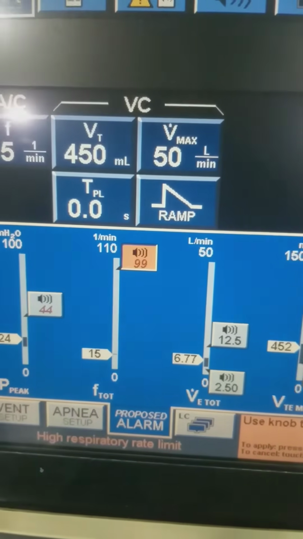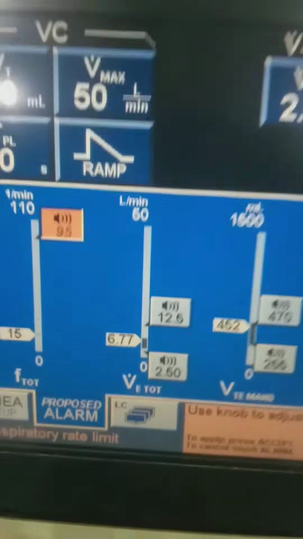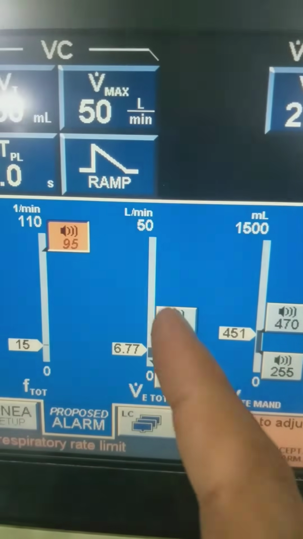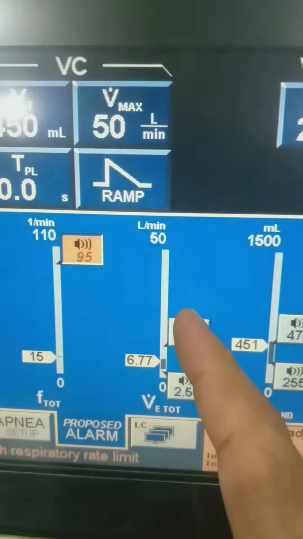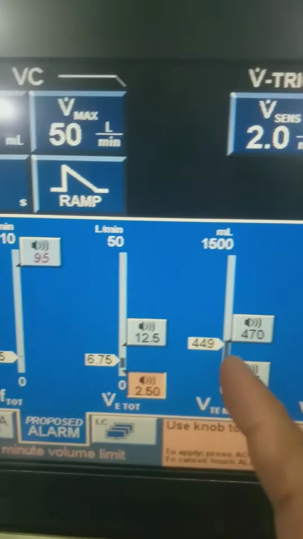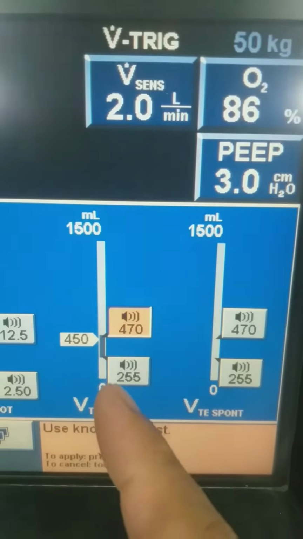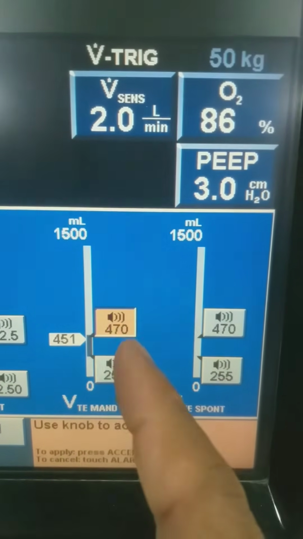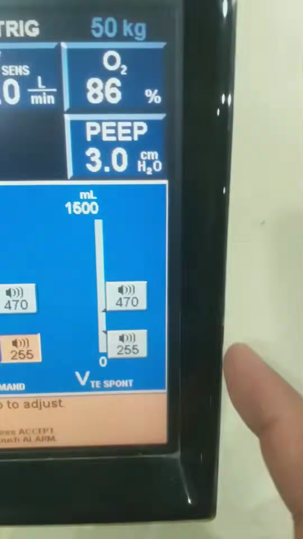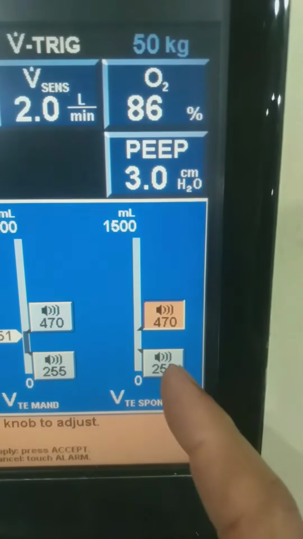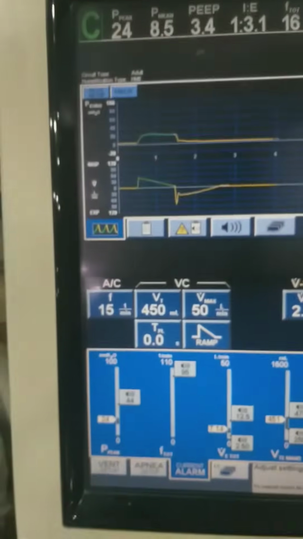We can fix a limit of the respiratory rate that should not be exceeded. Then it is the total minute ventilation, expired minute ventilation, upper and lower limit. This is the expired tidal volume, and this is mandatory upper and lower limit, and this is the spontaneous tidal volume expiratory upper and lower limit. Then we can accept these alarms.